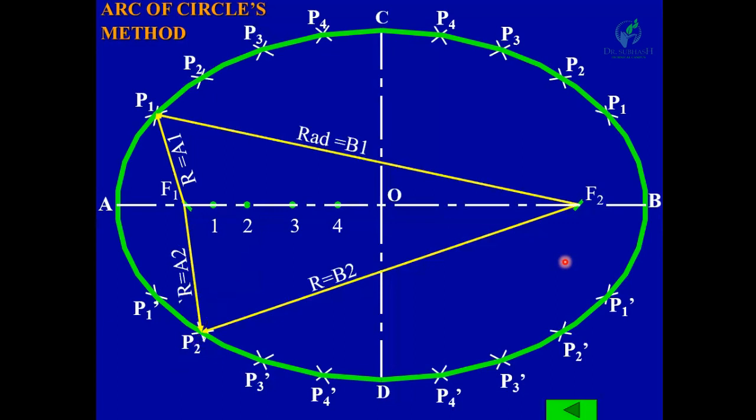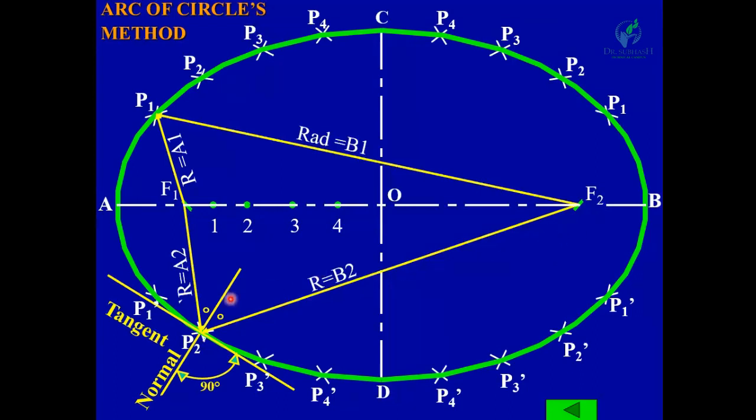Okay. Now, if you want to draw a tangent and normal at any point on this ellipse, this is the normal. How to draw the normal?